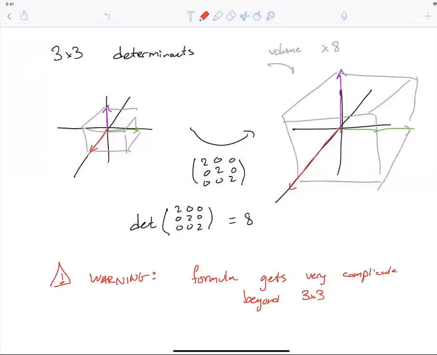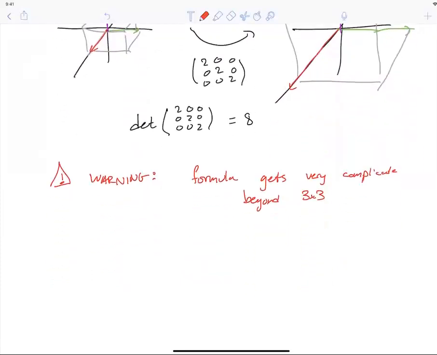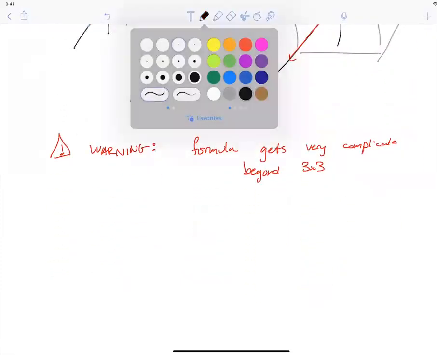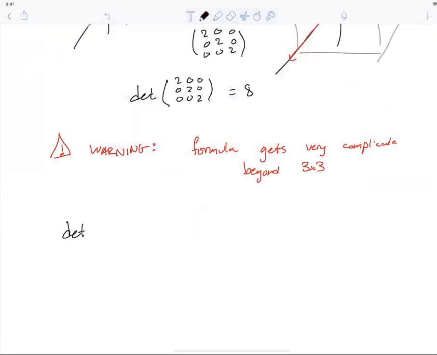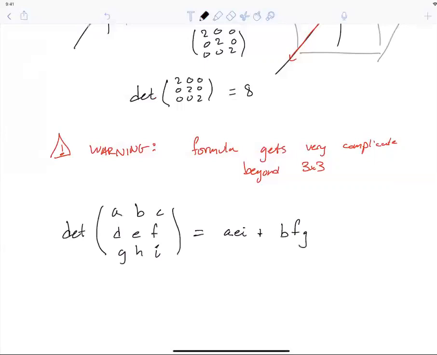So beforehand, we had two terms, AD minus BC. For this case, we have the determinant of the matrix with rows A, B, C, D, E, F, G, H, and I. What we're going to do is add up 3 terms, and we're going to subtract 3 terms.